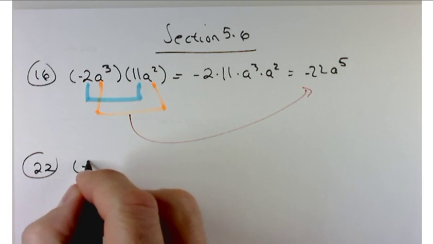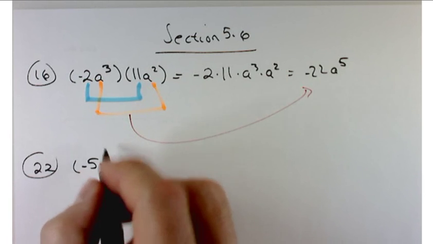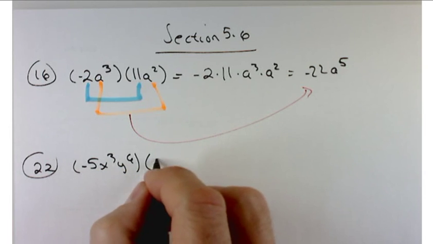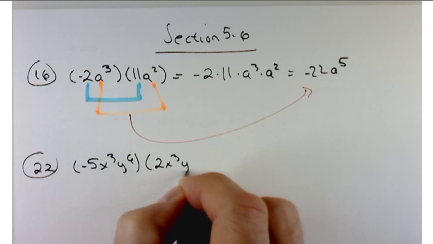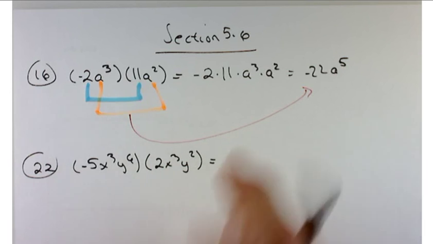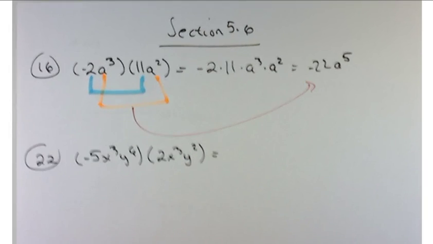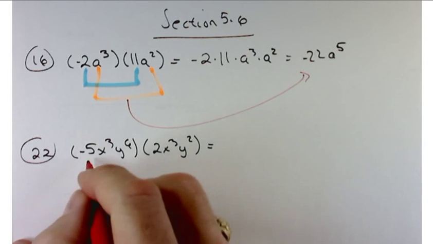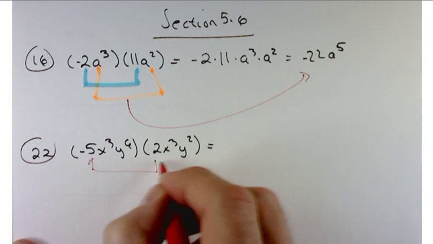If it works out well for us, negative 5x cubed y to the 6th power multiplied by 2x cubed y to the 2nd power. That's the same kind of thing happening here that happened in our last one. We're going to multiply things together that go together. For instance, the negative 5 and the 2.